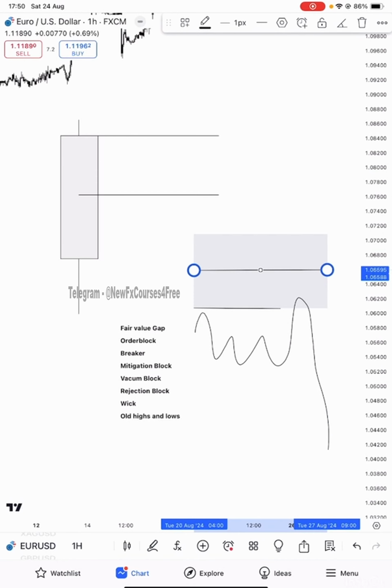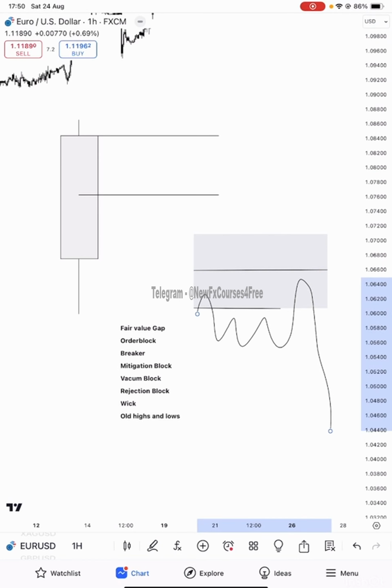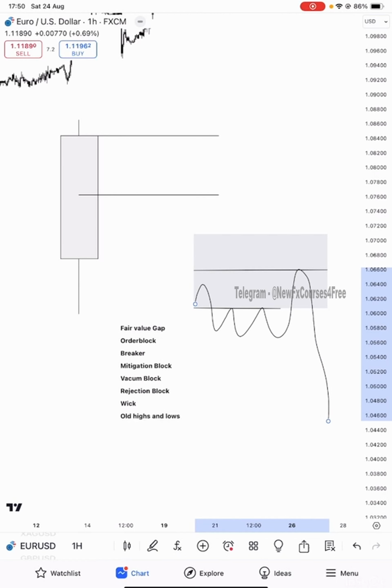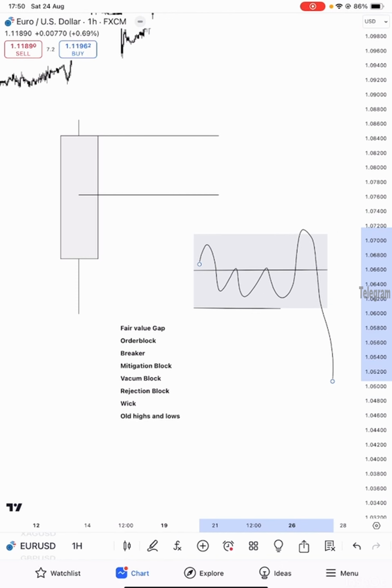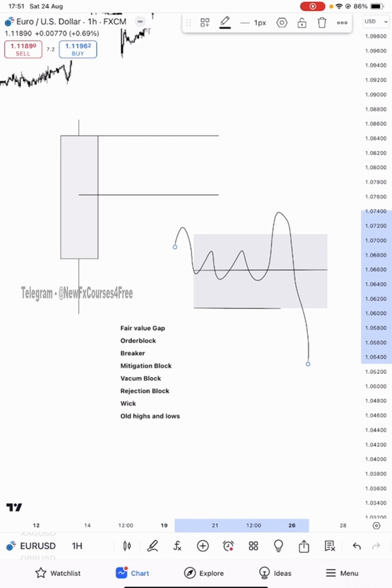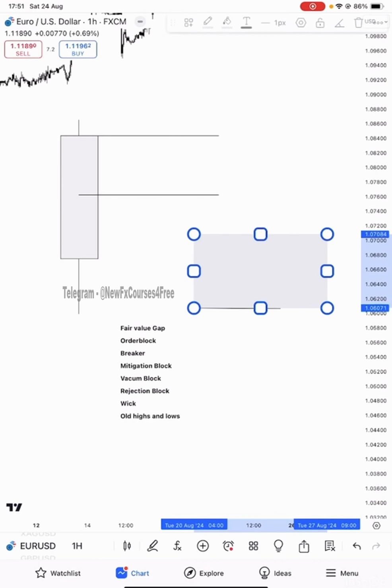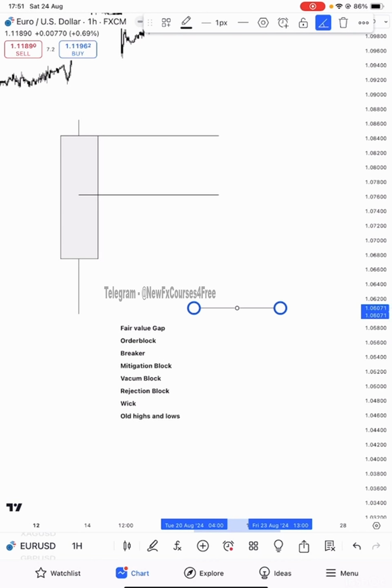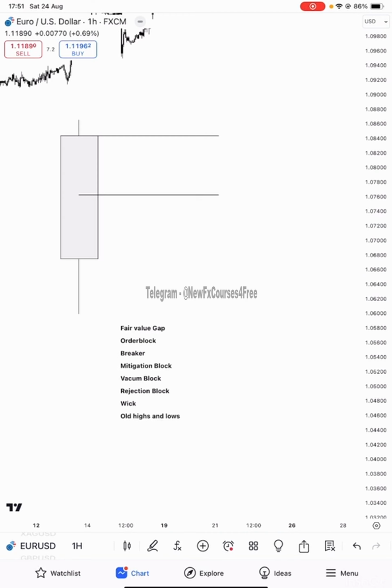Usually, if price wants to dig deep into the inefficiencies, the 50% is the level, and there is an example, BTC 3-month chart. 50% provides the reaction to go lower. Usually, if price closes above 50% on a fair value gap, you can allow it to respect the low with the body. And so there are 3 levels on a fair value gap.